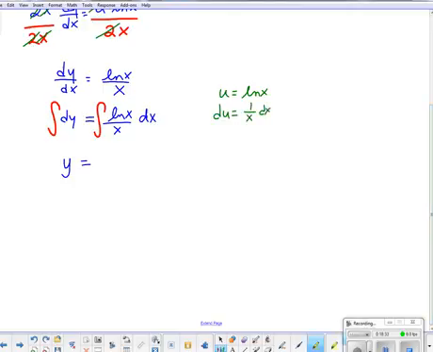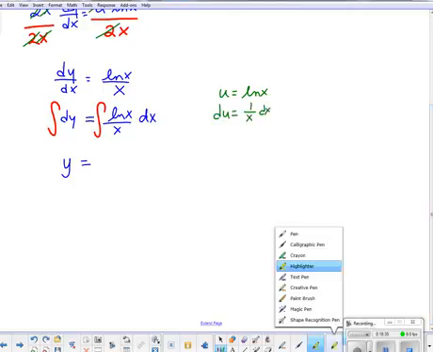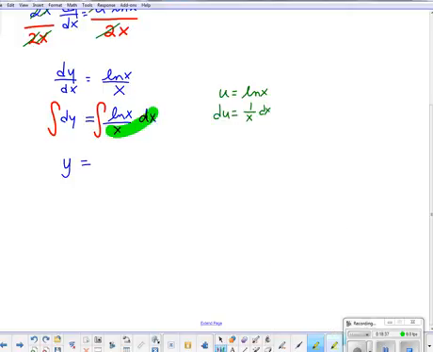And you're excited because this is working out so sweet. Here is the 1 over x dx, that'll get replaced with du, and I'll have the integral of u du. And that means that I have y equals u squared divided by 2 plus c.